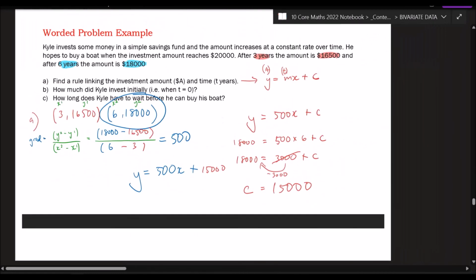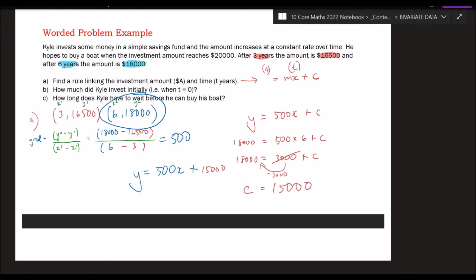There's your rule. Now remember, what is the question asking us to do? Find the rule linking the investment A and time over years. So the only thing we need to change now is y to A and x to t. A represents the investment amount.